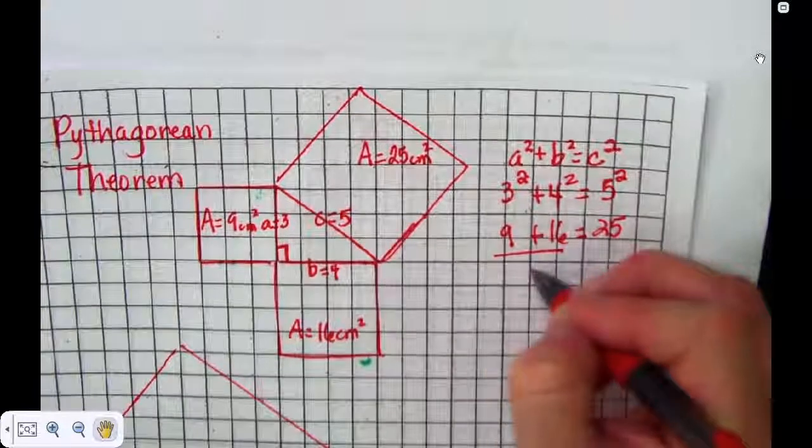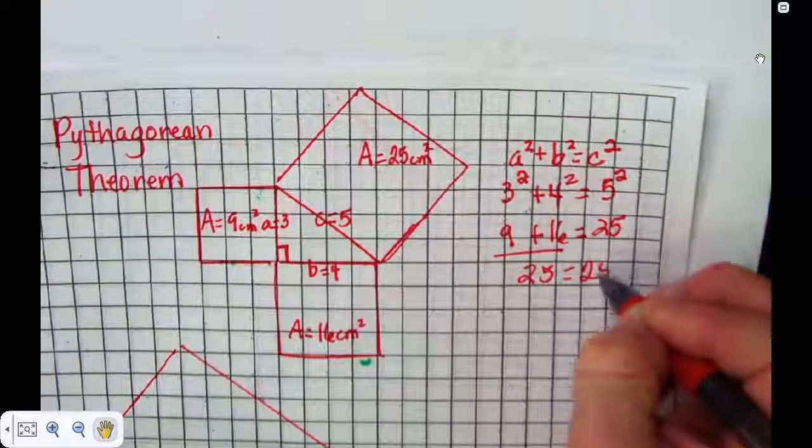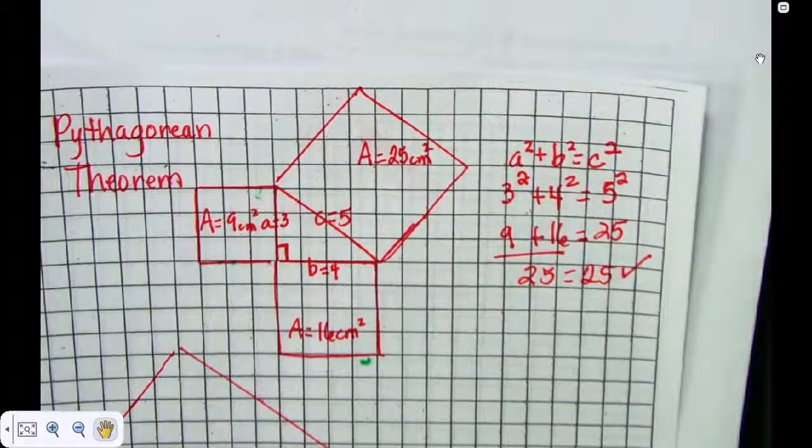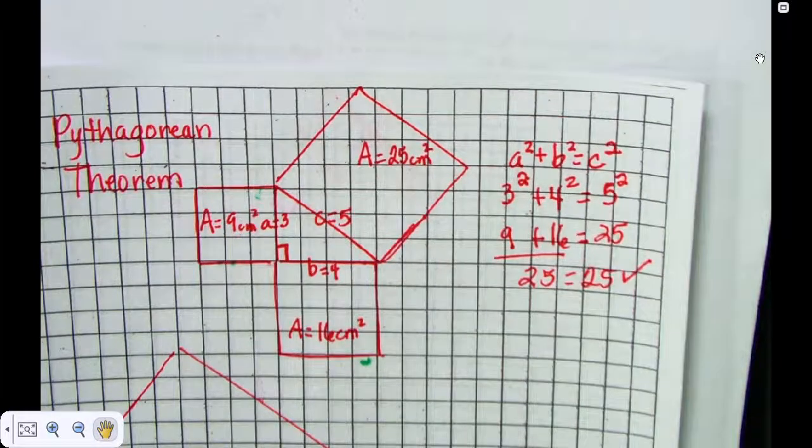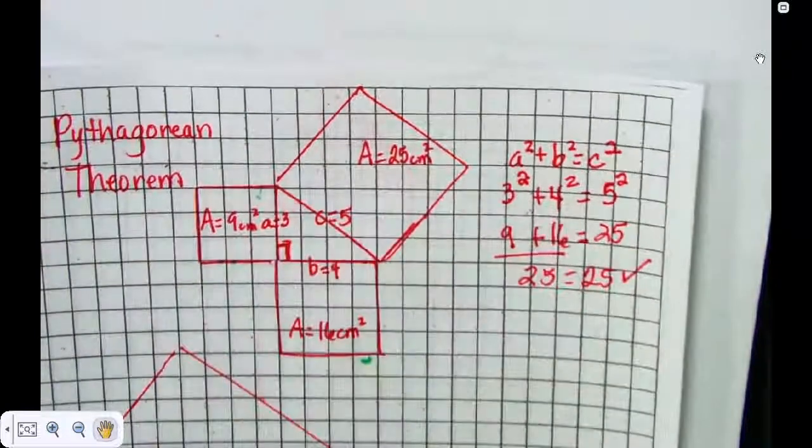When I add the two areas, I've got to get 25. When I do, I know I've got a right triangle. So I know that if 3, 4, 5 are the lengths of my triangle, I've got a right triangle, just like I want if I want a right angle right there.